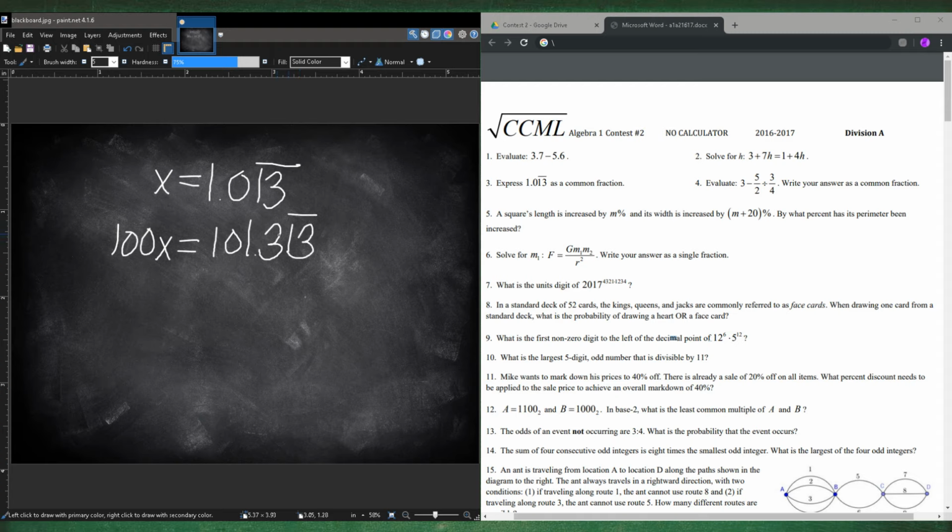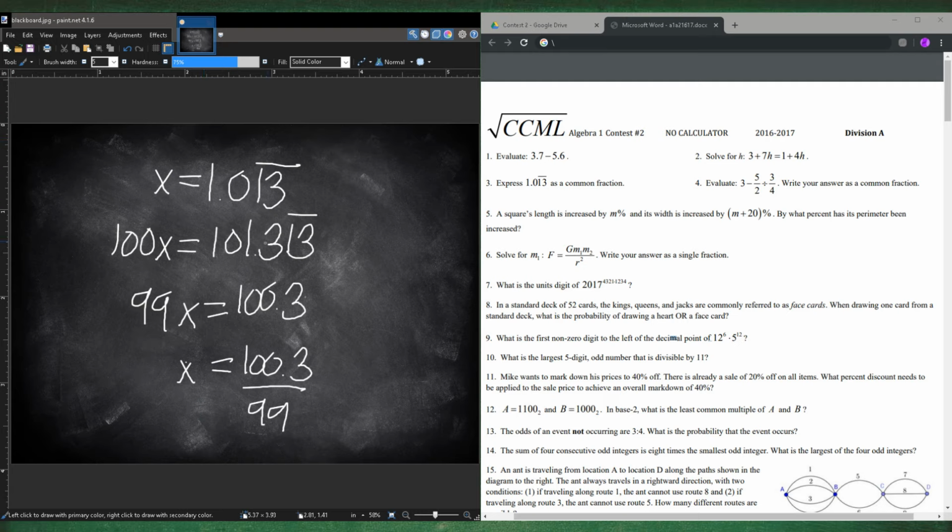So then when you subtract them together, you get 99x, and 101 minus 1 is 100, and 3 minus the 0 is 3, and then the 13 repeating minus the 13 repeating just becomes 0, so it just leaves this. So x is equal to 100.3 divided by 99.